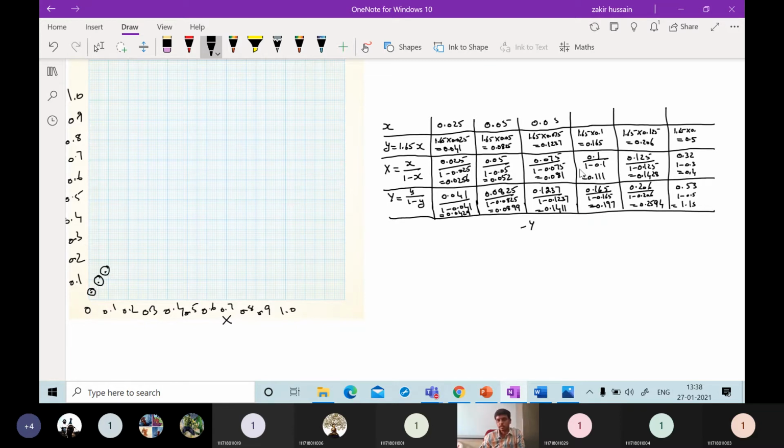Third data point. Then the fourth data point is 0.111. So 0.11 and 0.197, which means almost 0.2. So this we can take.